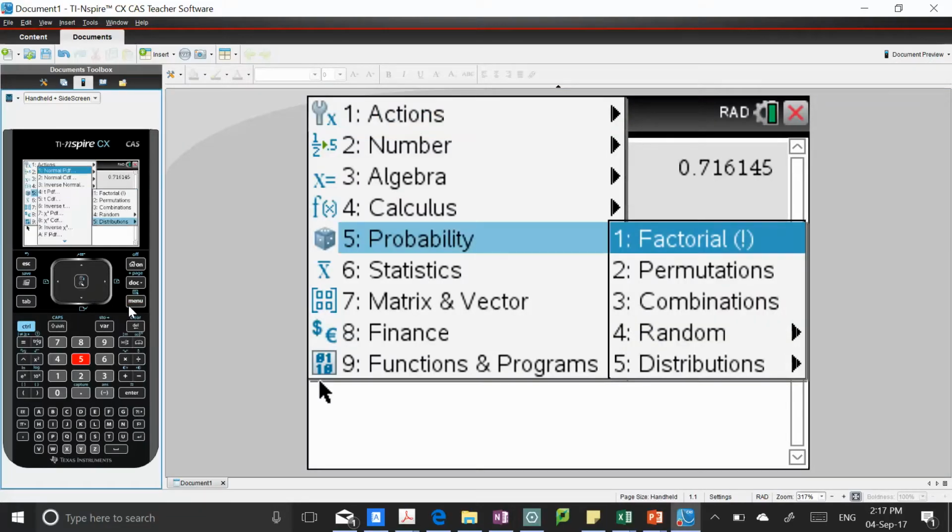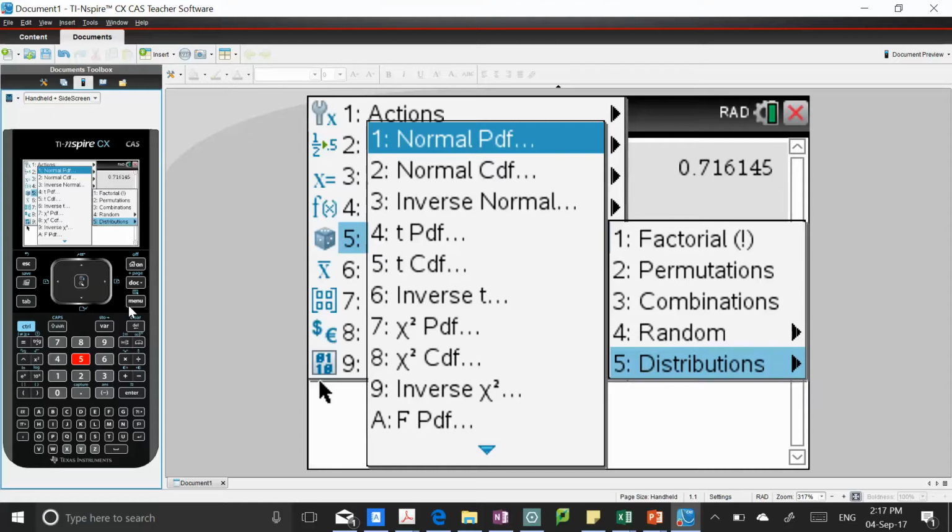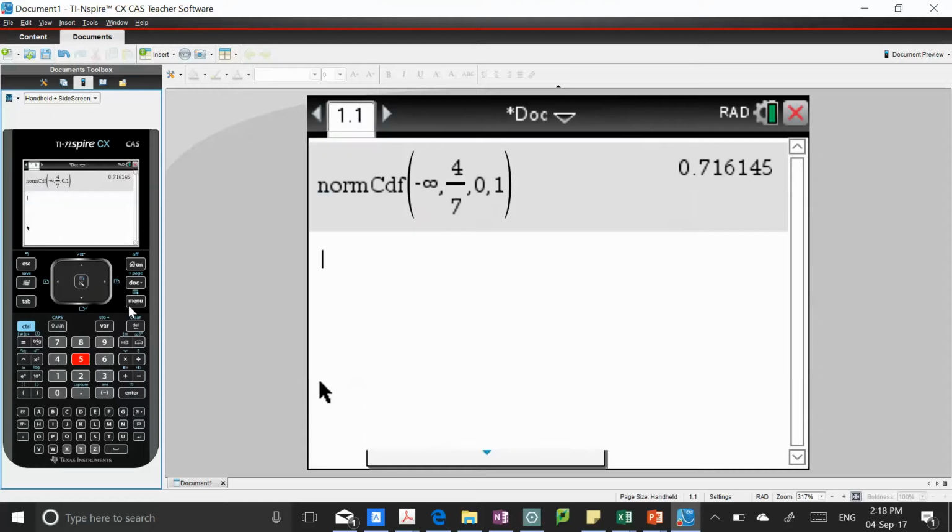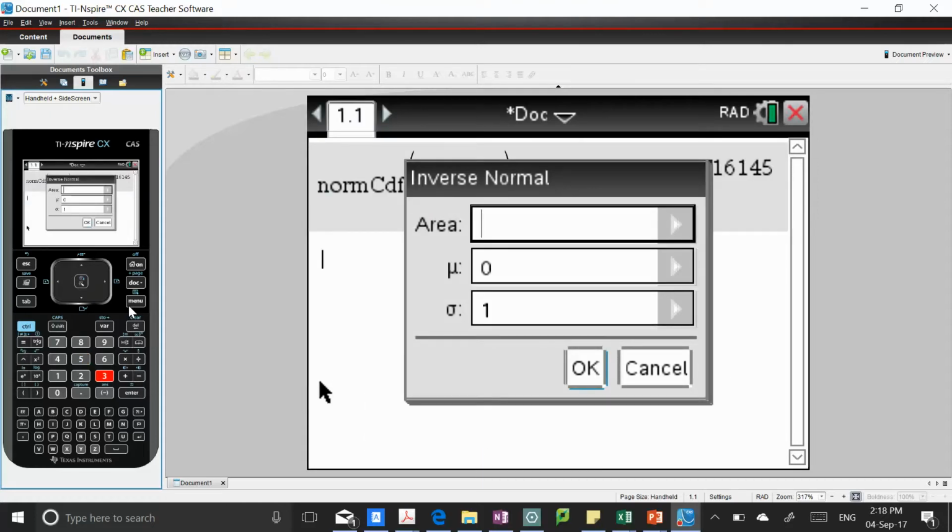Menu, 5. These are the only two that you're going to use for chapter 16. One was to find the area, then one is to find the variable. You only got one, it's inverse normal. Inverse normal allows you to find it. So let's have a look. Inverse normal, here you go. Area, you know you want it to be 0.95.